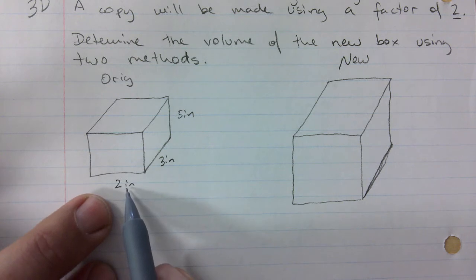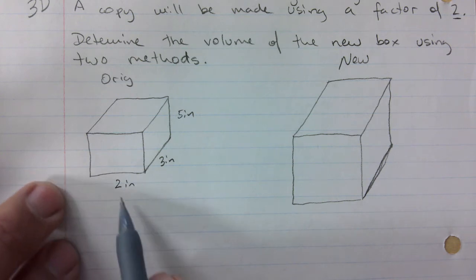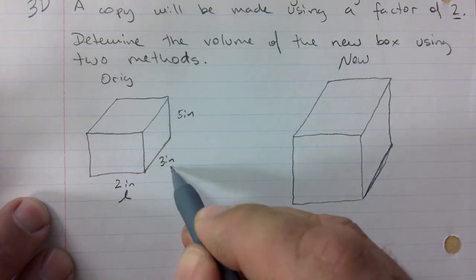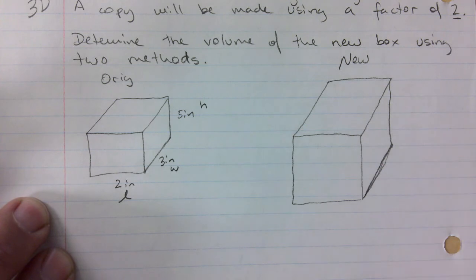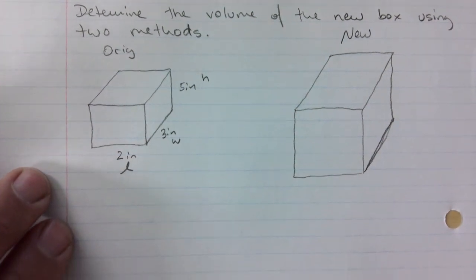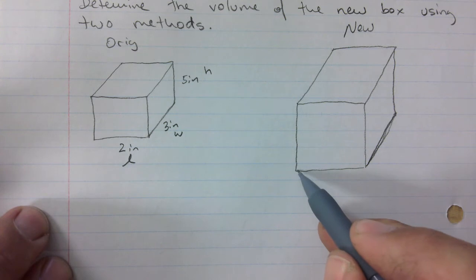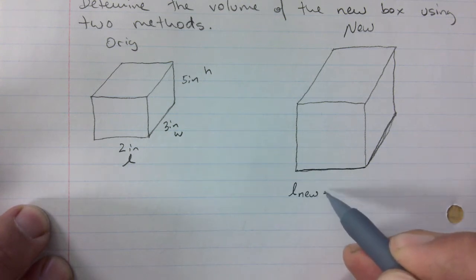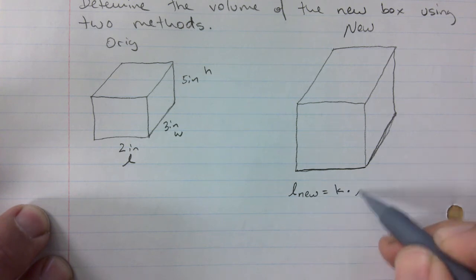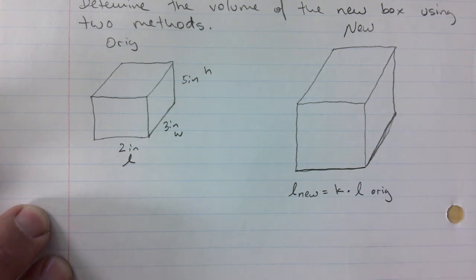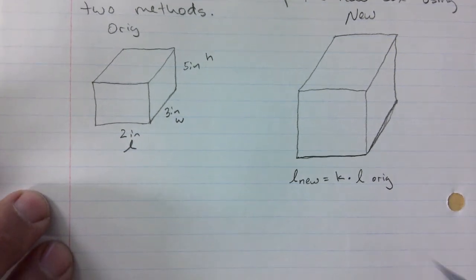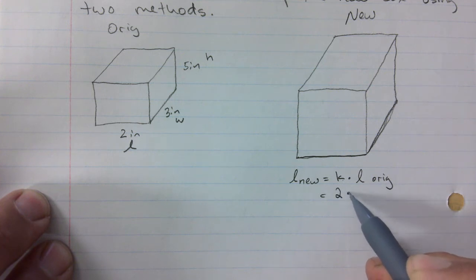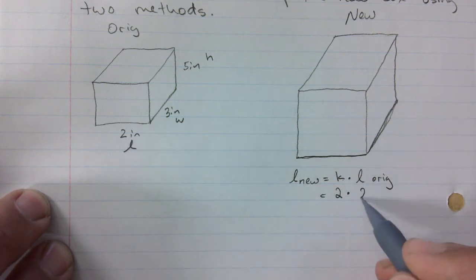And everything is multiplied by a factor of 2, right? So if we consider this length, width, and height, like that. I will just do that for the length here. The length of the new will be K times length of original. So what's K in this case? It's 2. The length of the original is 2 inches as well.